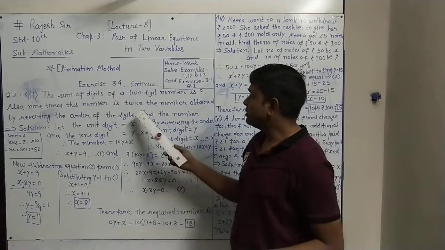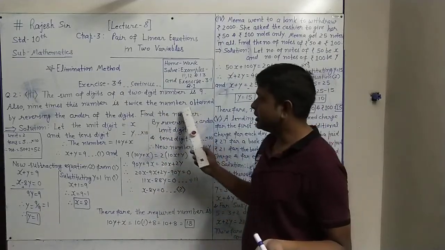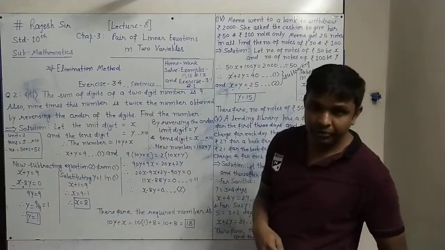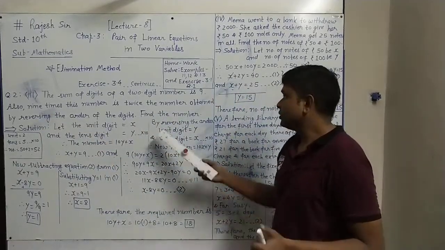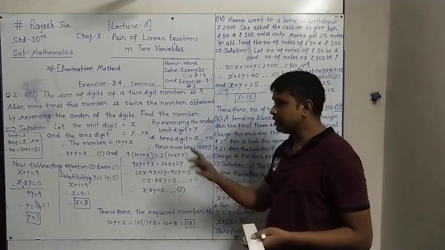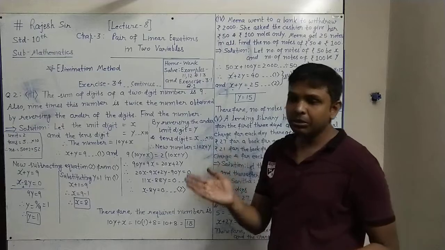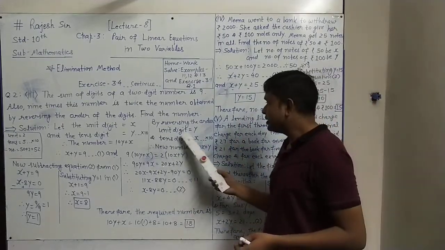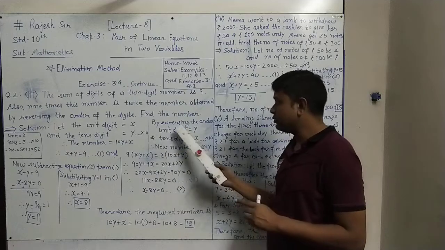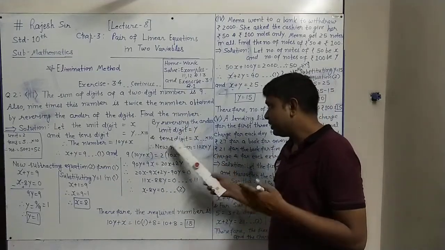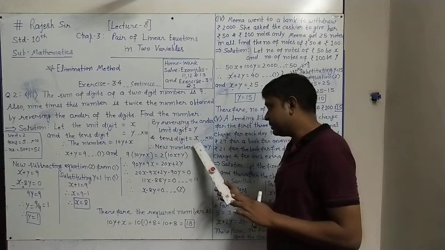Now the question also mentions a new number obtained by reversing the order, so we have to think about the new number also. If you reverse the order, the units become tens and the tens become units. So the unit digit will now be y, because you are reversing the order, and the tens digit will be x.